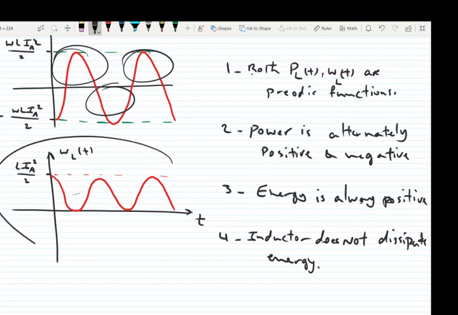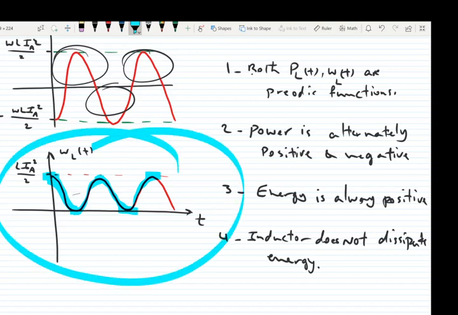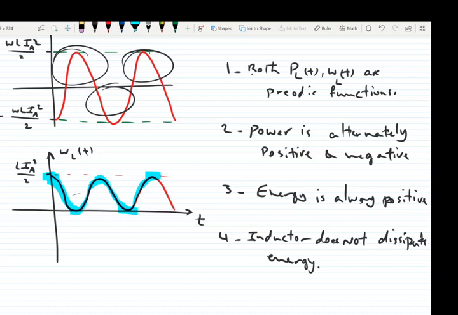If you look at the energy graph, we see that the energy starts from a maximum value, goes to zero, the energy of the inductor, and then goes up. So again the energy goes to zero and goes up, and if we run the circuit for a long time, the total energy is still between this value and zero.